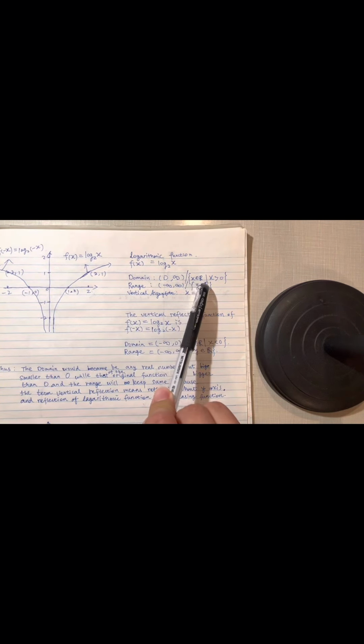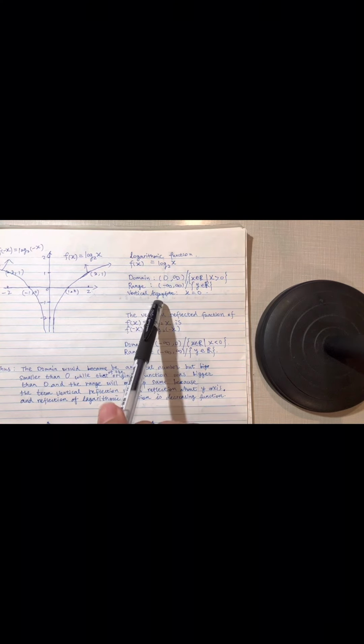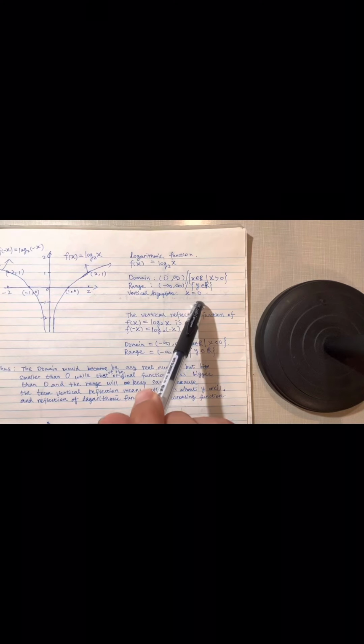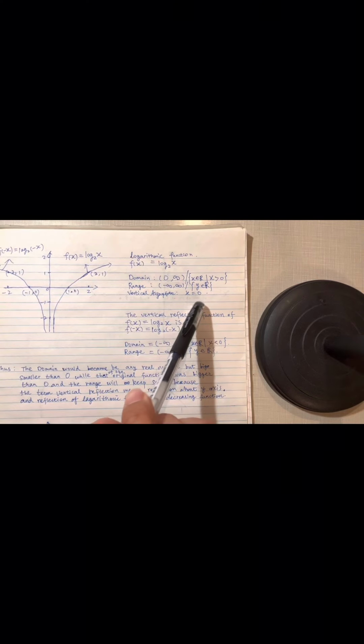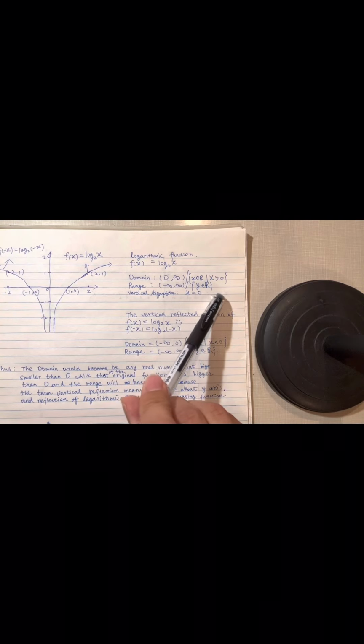For the first one, our original one, the domain is x can be any real number bigger than 0, because we have the vertical asymptote x = 0. And the range is y can be any real number.